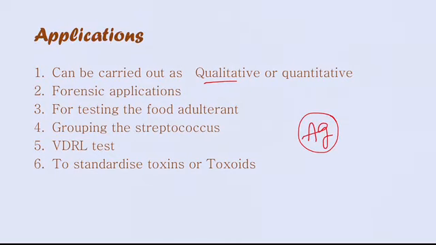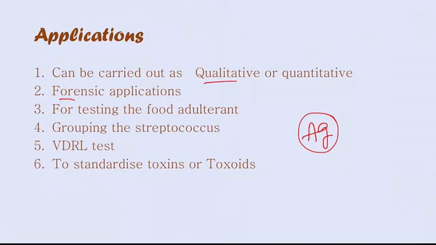The precipitation test has applications in forensics for the identification of blood and seminal stains, and in testing food adulterants. The adulterants added to food can also be tested using this precipitation reaction.